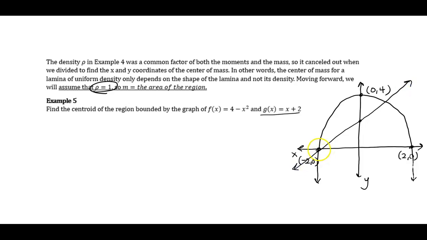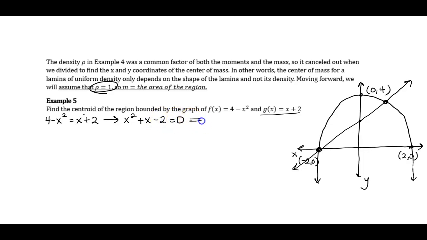So we're going to need to know the points of intersection. I can see one point of intersection here at (-2, 0). I'm not sure what exactly that other point is right there. To find it, I'm going to set these two functions equal to each other, and I'm going to solve for x. This is a quadratic equation. It is the equation x squared plus x minus 2 is equal to 0.